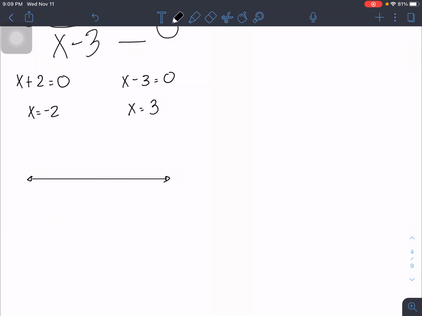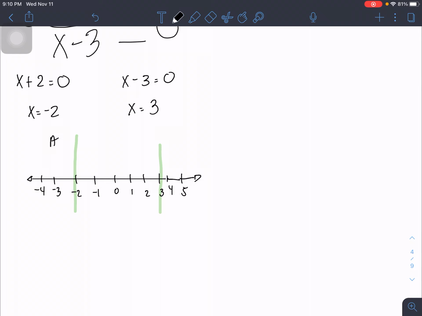So I'll be using -4, -3, -2, -1, 0, 1, 2, 3, 4, and 5. I'll be drawing a border at -2 and at +3.